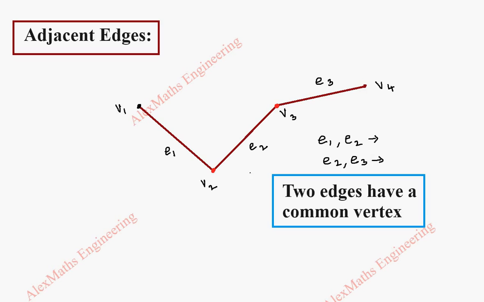So we can say these two edges have a common vertex, so they are adjacent edges. But if I consider E1 and E3, they are two different edges but they don't have a common vertex. So E1 and E3, we cannot say they are adjacent. If two edges are adjacent, they should have a common vertex.